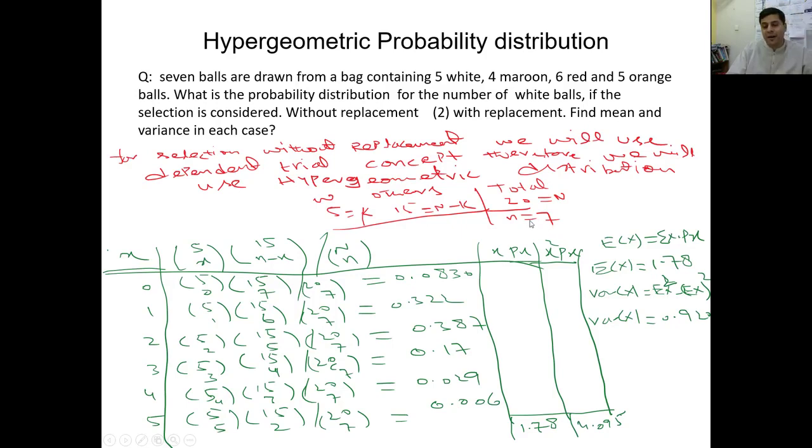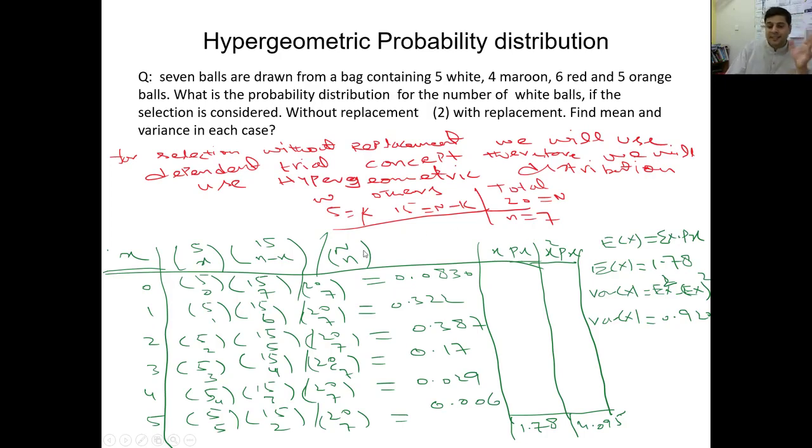In those 7 balls there is a chance that there will be no white ball. Maybe in those 7 balls, 4 are maroon and 3 red, or 6 red and 1 orange, or 5 orange and 1 red. So a lot of combinations exist.